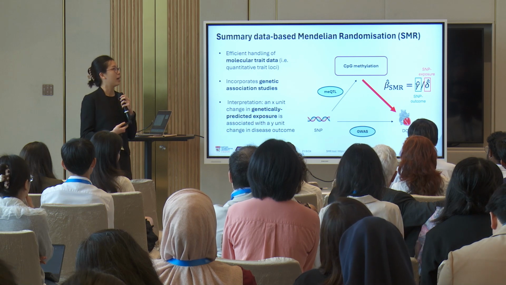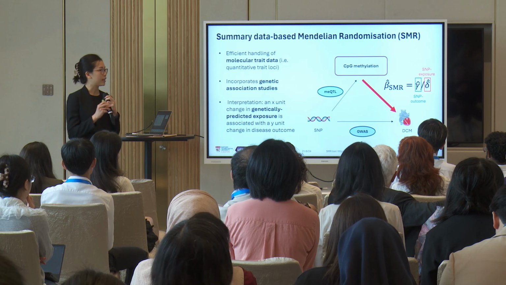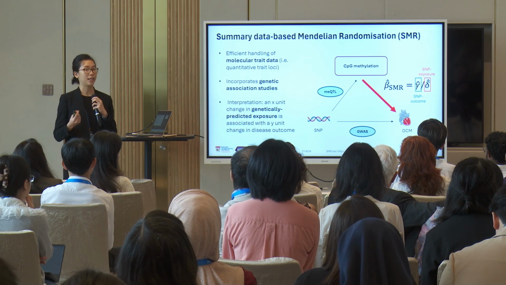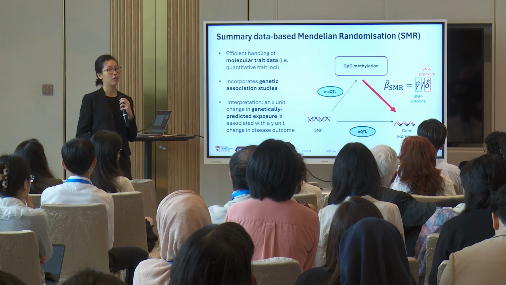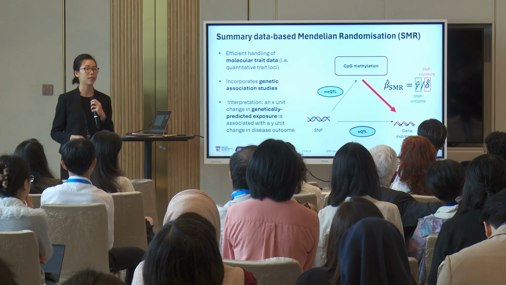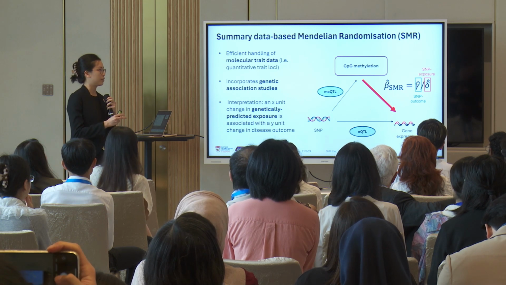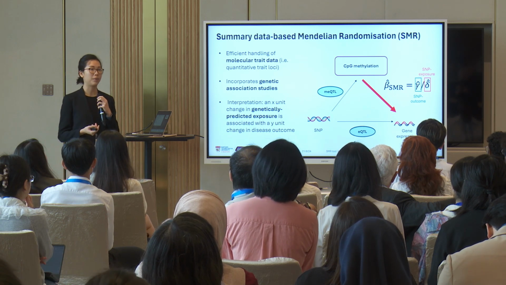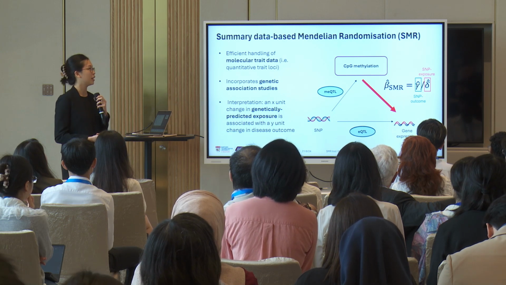This method calculates a causal estimate, called beta SMR, for every single CpG site that I'm studying in relation to DCM or in relation to gene expression. So I'm doing two separate causal analyses, one for dilated cardiomyopathy, and one for specific genes that might be future experimental targets to probe DCM pathogenesis.